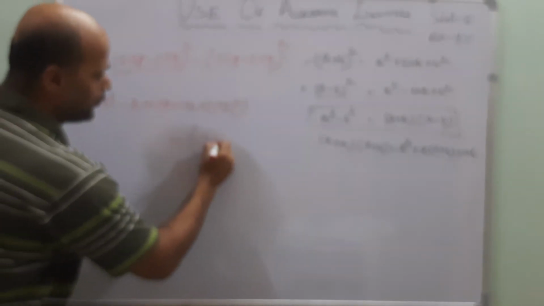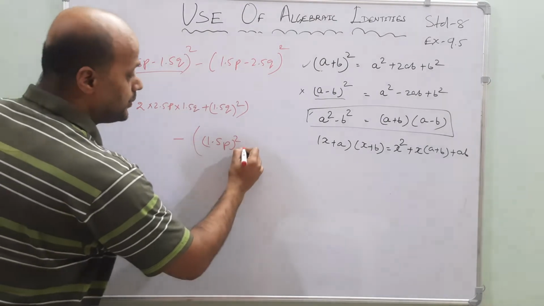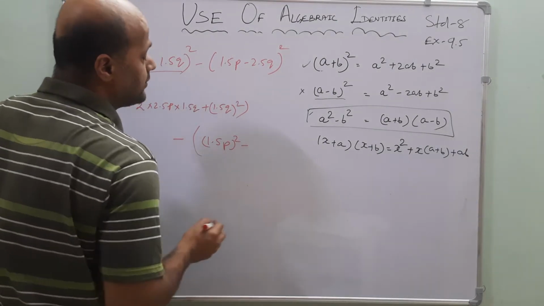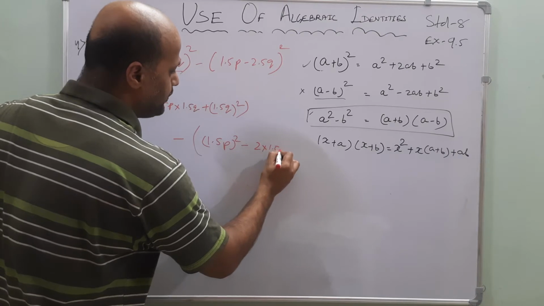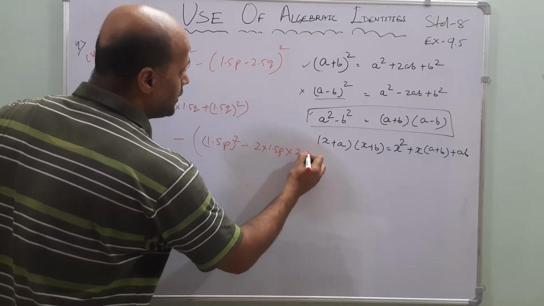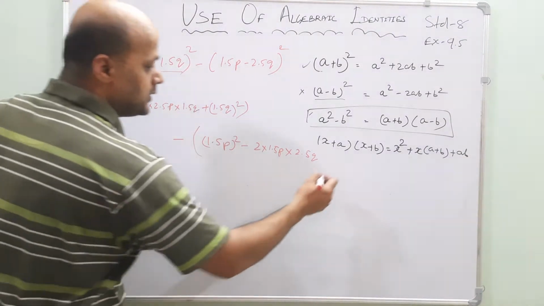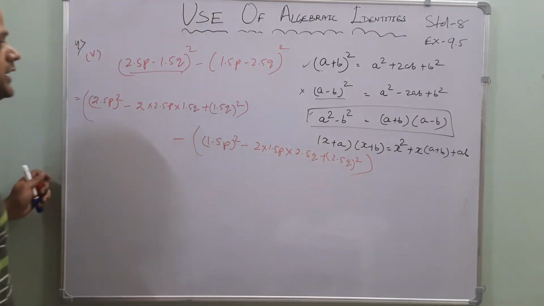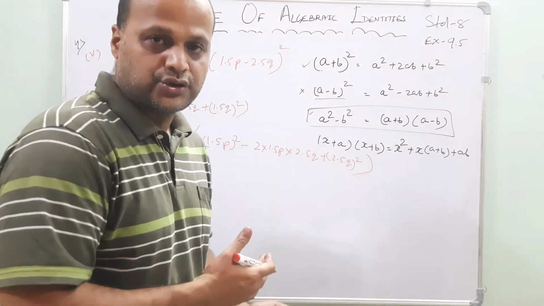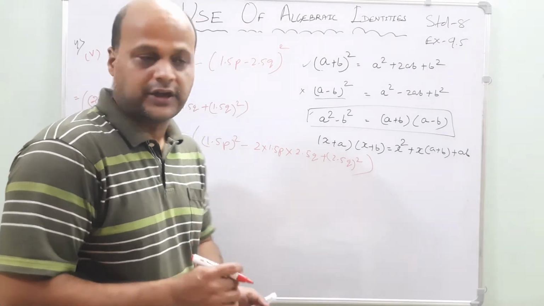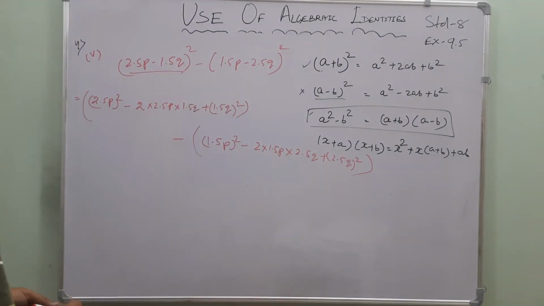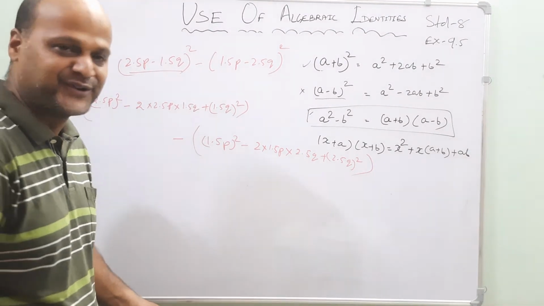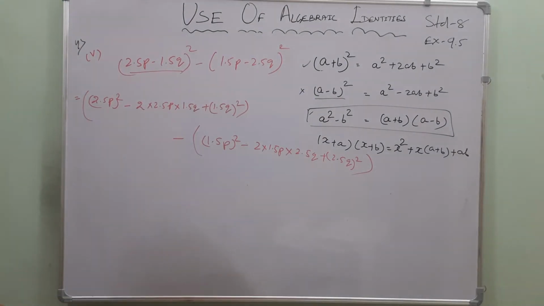What is that? (1.5p) whole square, sorry, minus is there, minus 2 into 1.5p into 2.5q, then plus (2.5q) whole square. This is the second part of the question. Let's have a check. Because it is a lengthy one, please go for it. My dear friends, you also find my mistake so that I can rectify it. Is there any mistake?